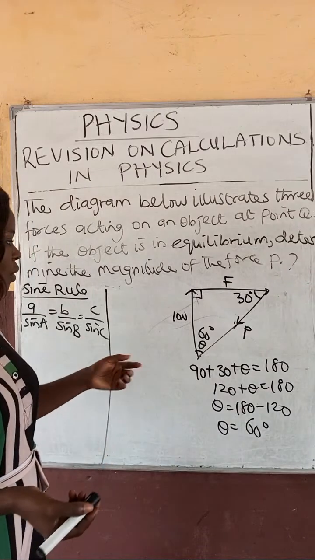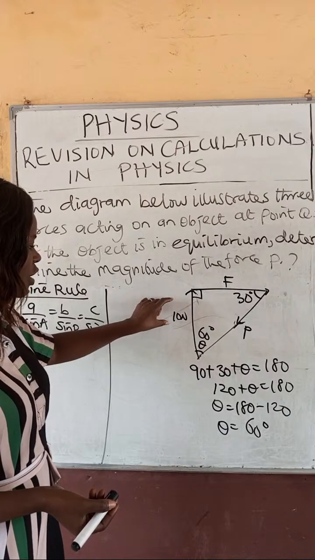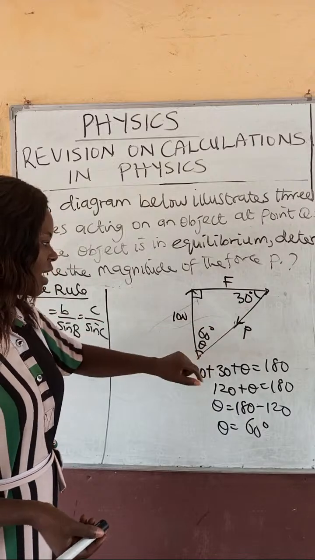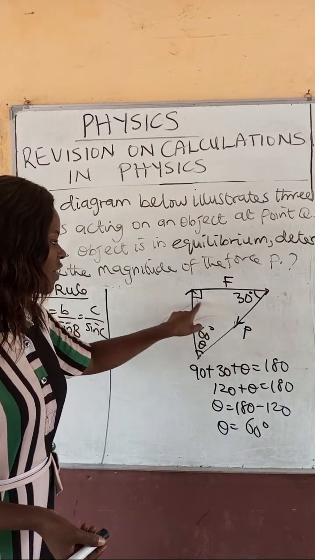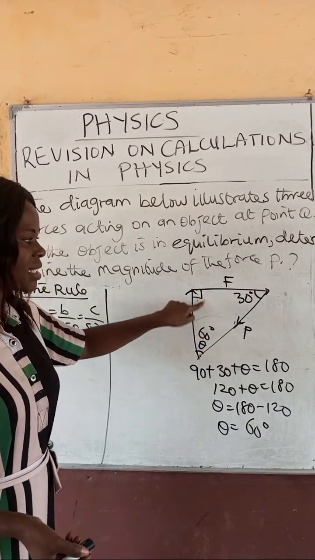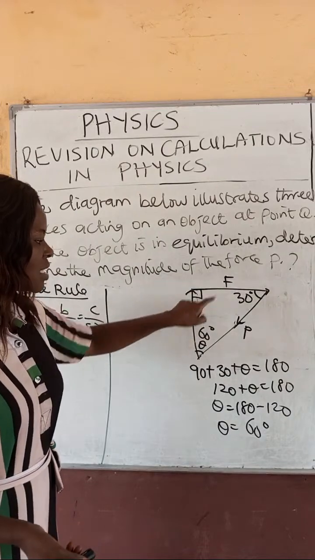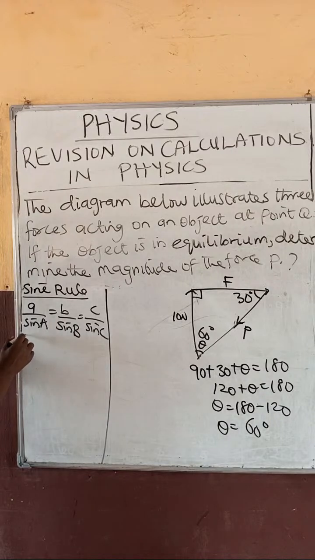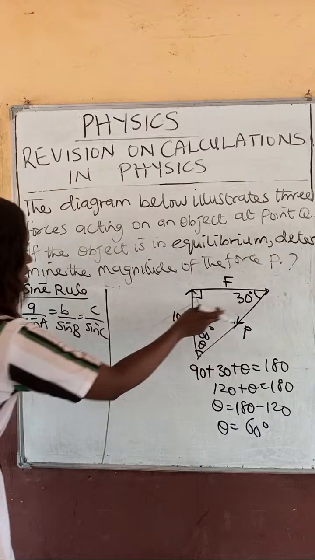I can start with any one. This is 10 Newton. The angle facing this 10 Newton is 30. This is P. The angle facing this P is 90. This is F. The angle facing this F is 60.